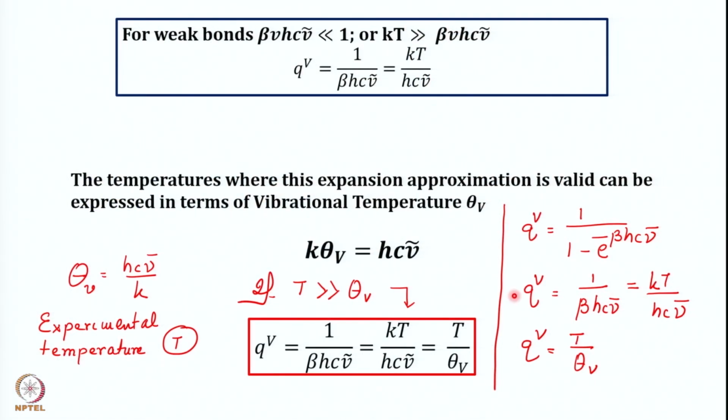You can use any of these three equations depending upon the temperature. So, now we are equipped to evaluate the partition function for translational, rotational and vibrational degrees of freedom. We will make things more clear by solving numerical problems for each case before we switch over to the electronic contribution to the overall partition function, and that we will do in the next lecture. Thank you very much.